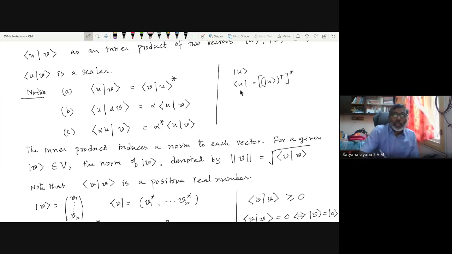But I'm already writing the bra here, so I don't have to take the transpose, only the conjugate part. Okay, sir. Thank you.